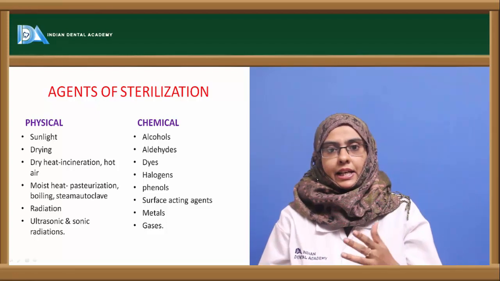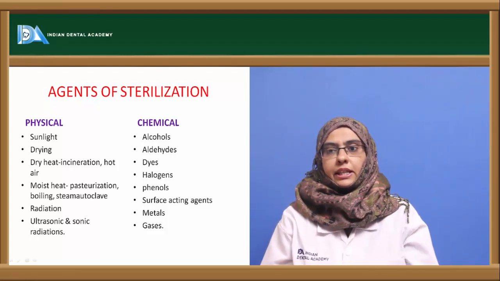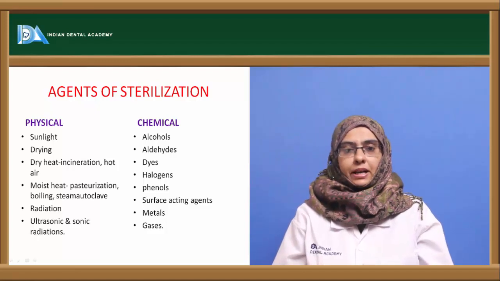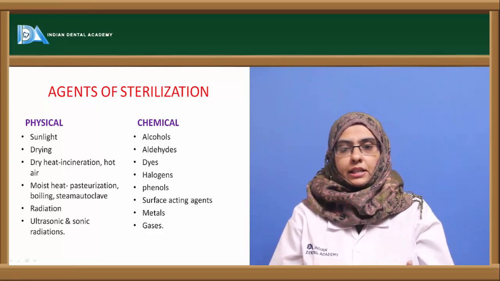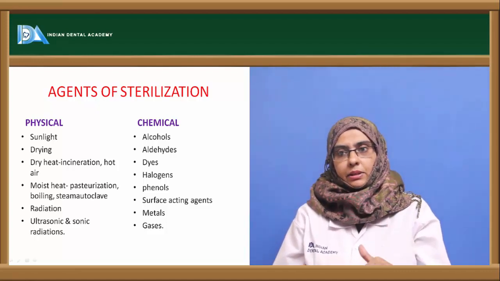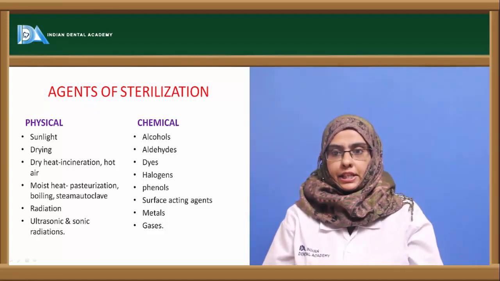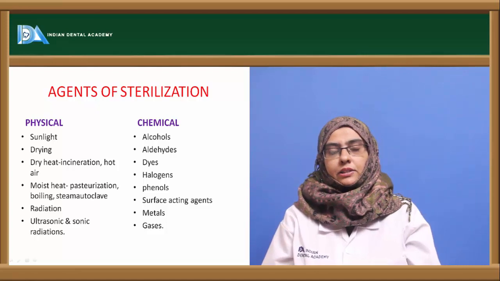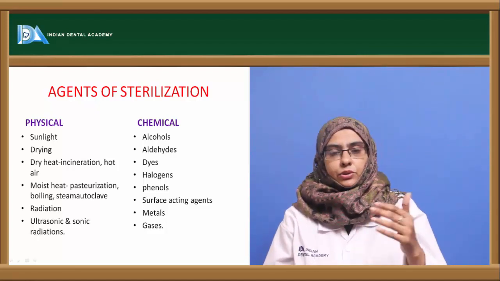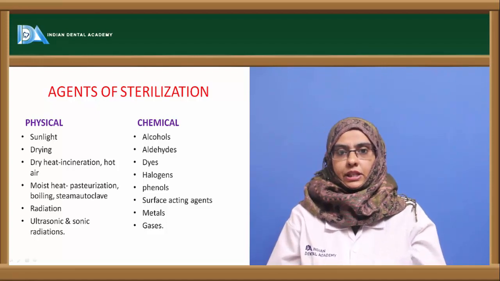In the dry heat sterilization, we usually go with incineration or hot air oven, and in the moist heat we go for pasteurization, boiling, and steam autoclave or autoclaving. And the other method of physical sterilization is radiations and ultrasonic and sonic radiation. So these are nothing but the physical agents that are used in physical methods of sterilization.